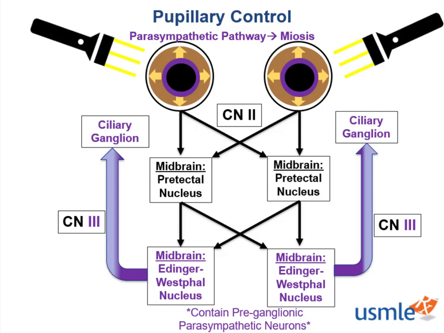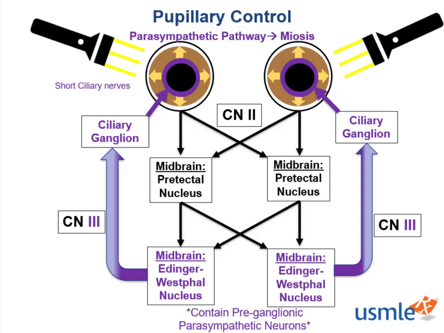The ciliary ganglion is purple because it houses parasympathetic postganglionic neurons that synapse with the preganglionic parasympathetic fibers from the Edinger-Westphal nuclei. So, from the ciliary ganglia, short ciliary nerves project to the sphincter pupillae muscles of the iris.